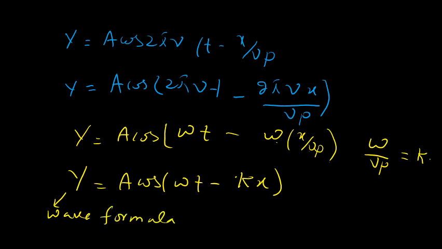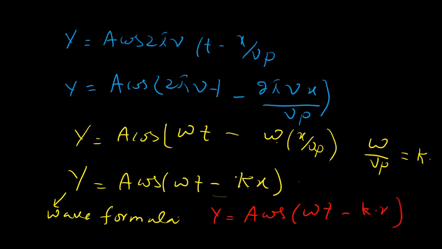So we have the wave formula in terms of wavelength and frequency, and in terms of angular frequency and wave number. This is the wave formula for one dimension, and for three dimensions we can write y equals a cos of omega t minus k dot r.